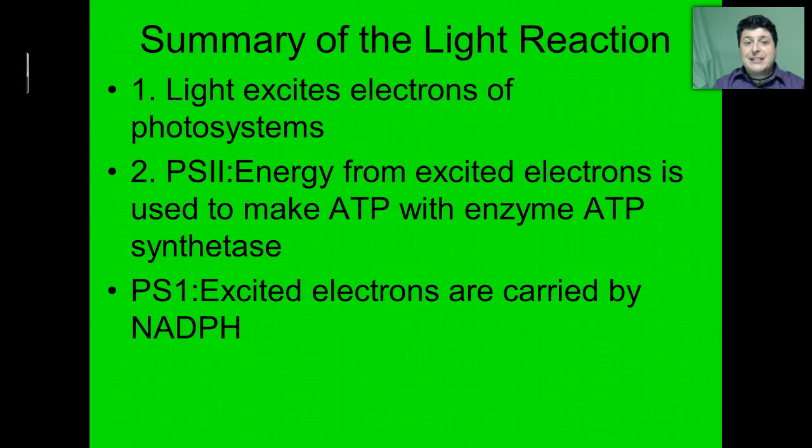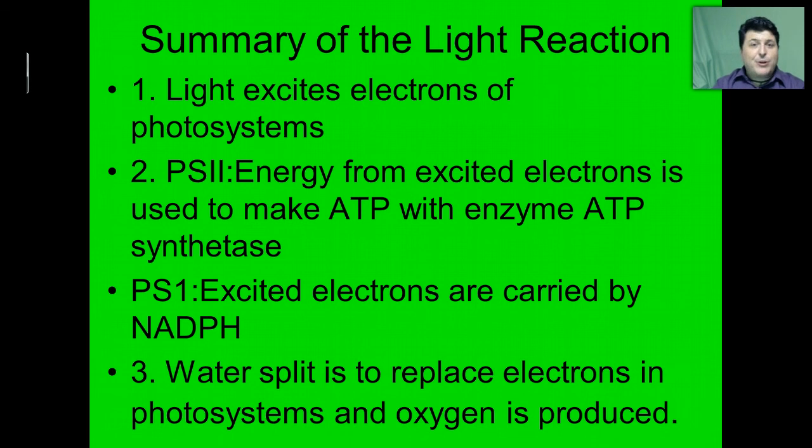Then we have to re-excite those electrons using photosystem 1 and a bolt of light energy, and it'll move down a short electron transport chain to be carried by NADP as NADPH into the next step of photosynthesis. And then finally, we're going to need to split water to be able to replace those electrons. And as a byproduct, we're producing oxygen, which is what we're breathing. So in reality, what we're breathing as oxygen used to be a part of a water molecule.